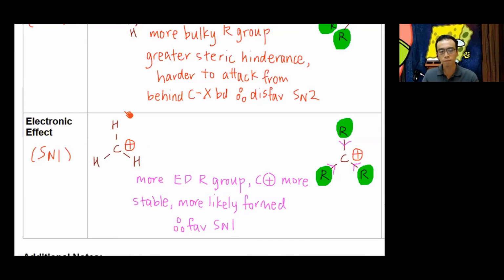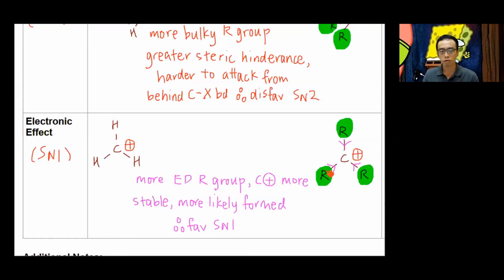You will disfavor the formation of the carbocation, which means you disfavor the SN1 mechanism. Disfavoring SN1 just means that you can go the other way. If you disfavor SN1, then you go by SN2. If the carbocation is stable and you favor SN1, then you go by SN1.